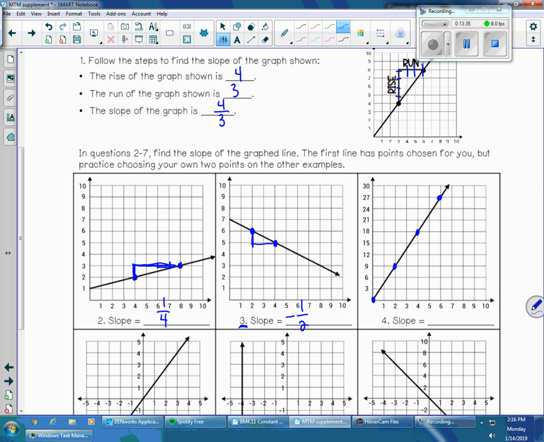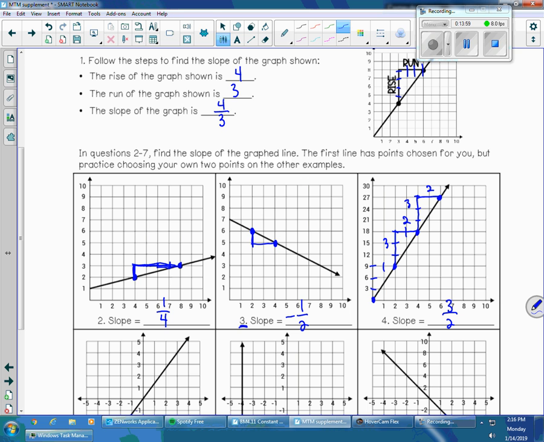Now you can pick any 2 points on a line. You don't have to pick the same points that I picked, but I just identified all of them on this particular line. So if I'm counting my rise, 1, 2, 3, my run is 1, 2. 3 over 2. Now say you counted between these two, I should get the same thing, 3 over 2. If I counted this one, same thing, 3 over 2.